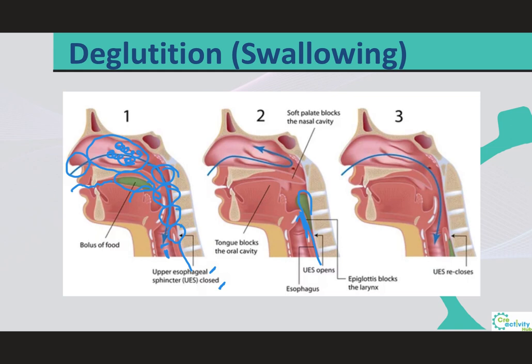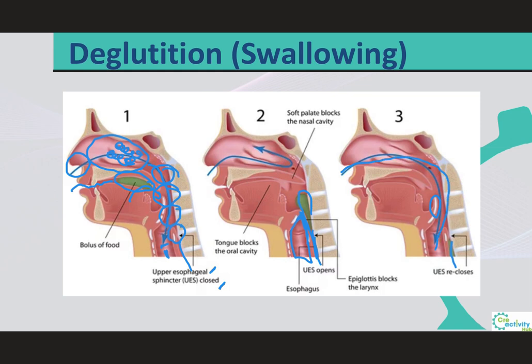Therefore, it blocks the bolus from entering into the trachea and therefore forces it to go down the esophagus. Now, the bolus will then move along the esophagus, and once it continues down into the stomach, the larynx will return to the normal position, as we can see over here, and then you're able to breathe again.